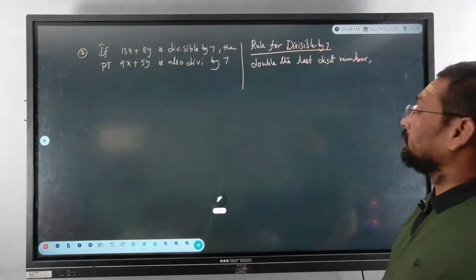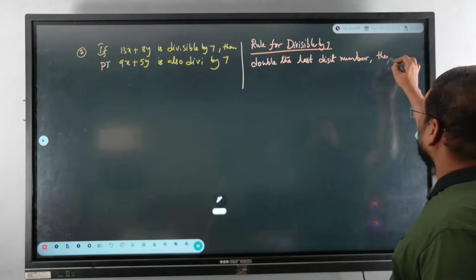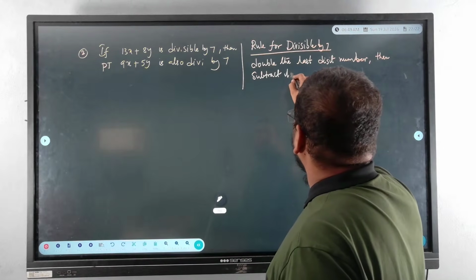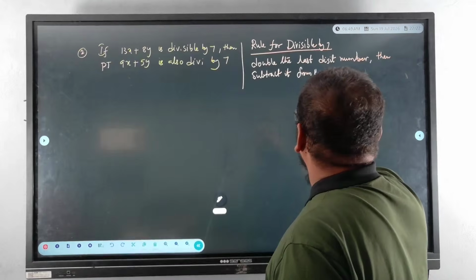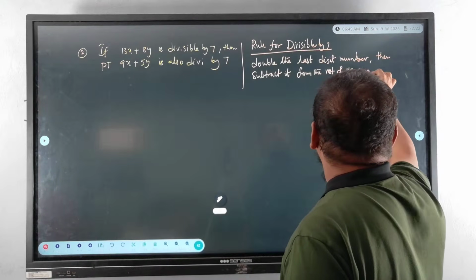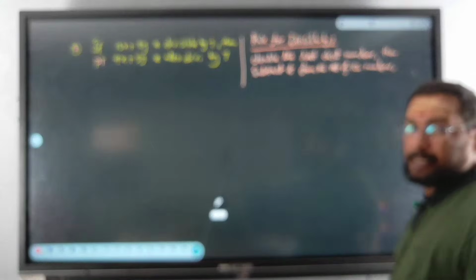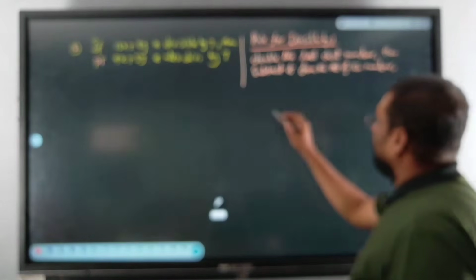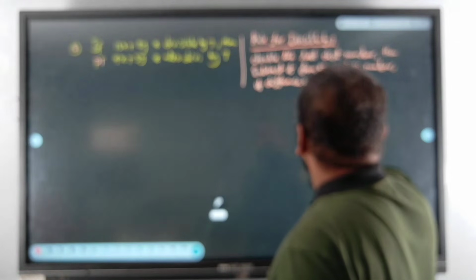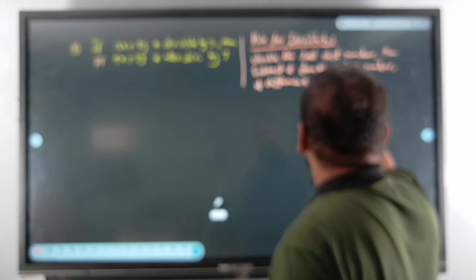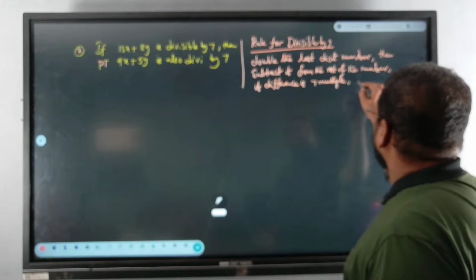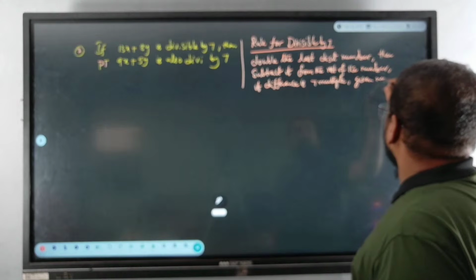Double the last digit of the given number, then subtract it from the rest of the number. If the difference is a 7 multiple, the given number is divisible by 7.